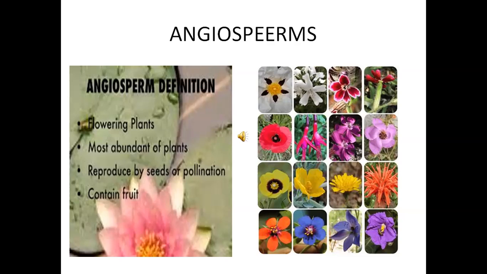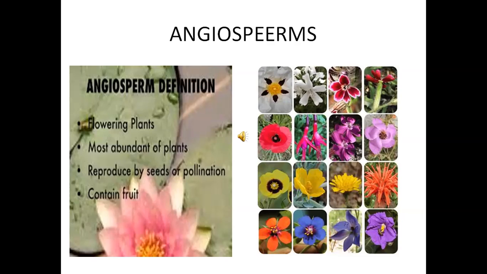The female reproductive organ, ovary, is present inside the flower, which develops into fruit, and the ovule develops into seed. Plants possess a well developed vascular system with xylem vessels and phloem companion cells.